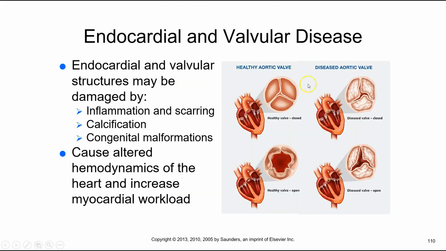And I want to show you something with stenosis. If a valve is problematic, when it is closed, it is not completely closed. And when it is open, it is not completely open. So this causes problems twice. Remember the function of a valve. A valve closes, and that means that blood cannot go backwards through the heart.